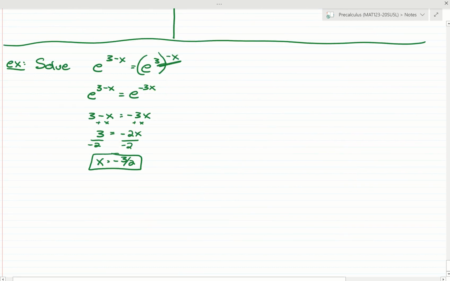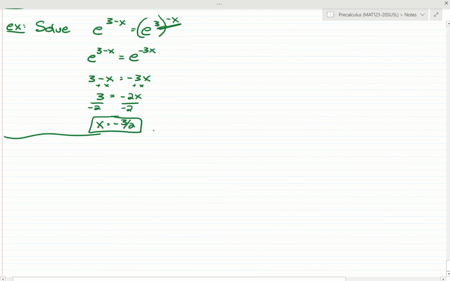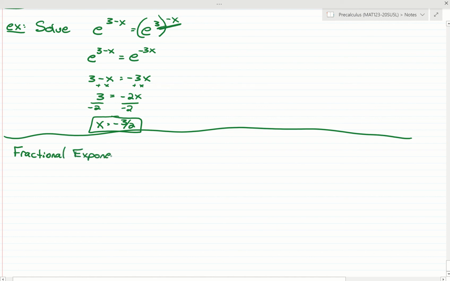And then the last topic I wanted to talk about in this section was fractional exponents. And I'll say the directions were to solve x to the 4 thirds is equal to 81.